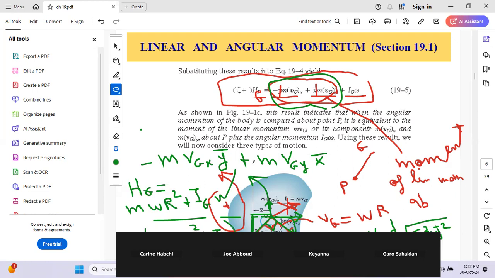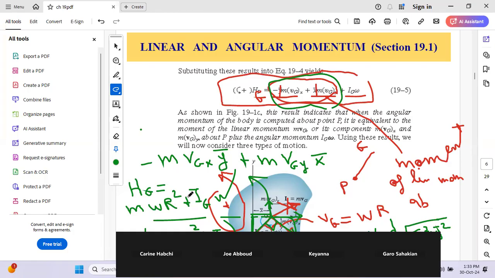So here again, I proved that in case I have a fixed point, I have rotation about a fixed axis, or in case I have a point of zero velocity, I can apply, about P, Hp equals Ip omega.